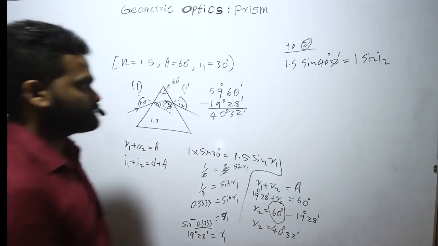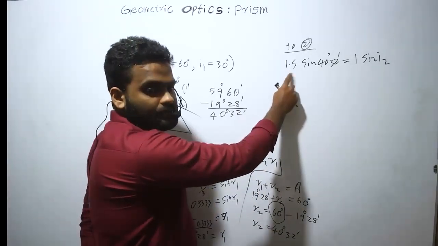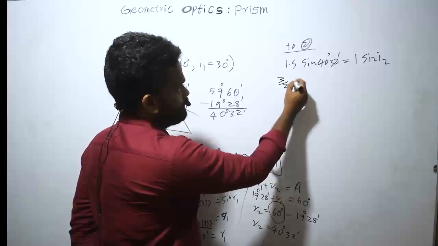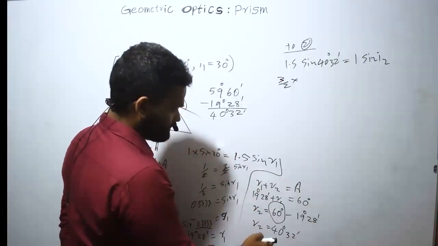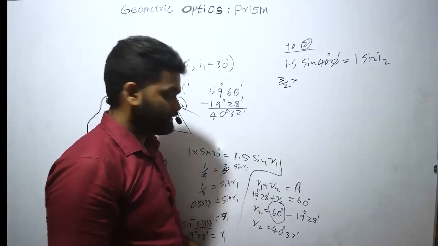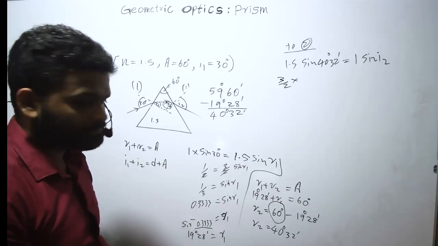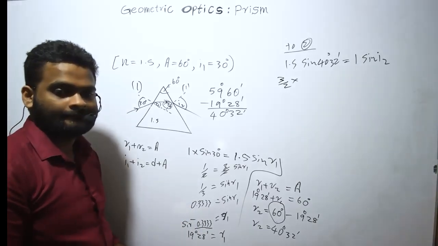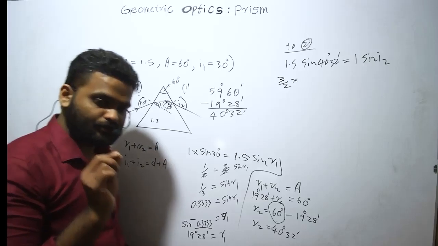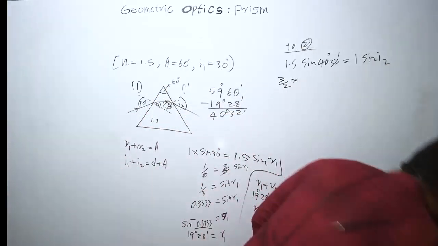Okay. So 1.5 is what? 3 over 2. Sine 40 degrees 32 minutes, you need to find that again. So how do we find that? If you have issues with the table, let me know.